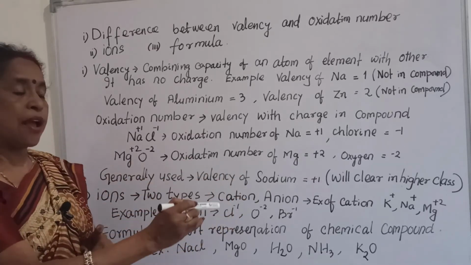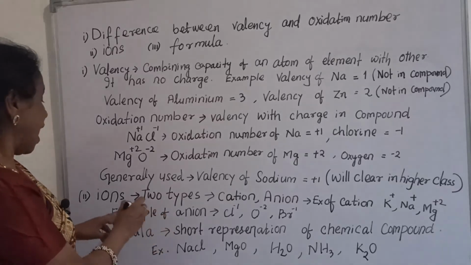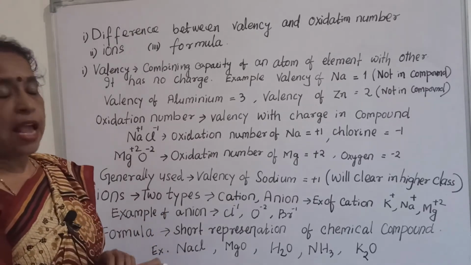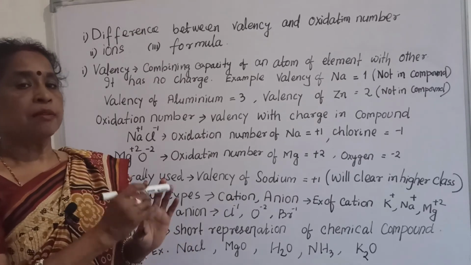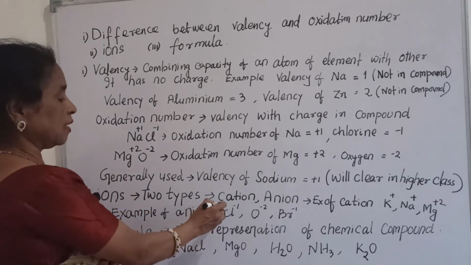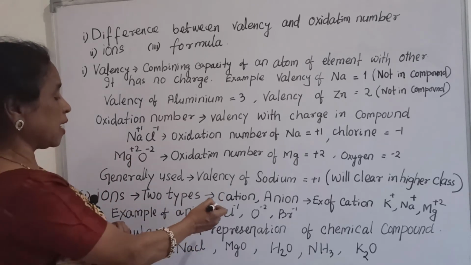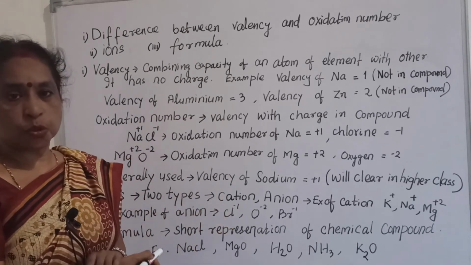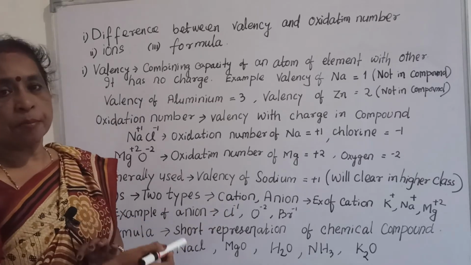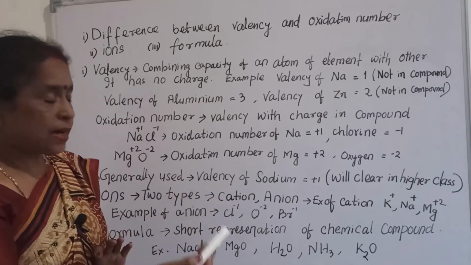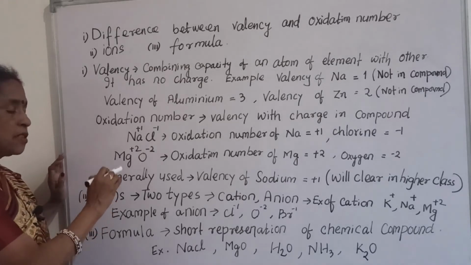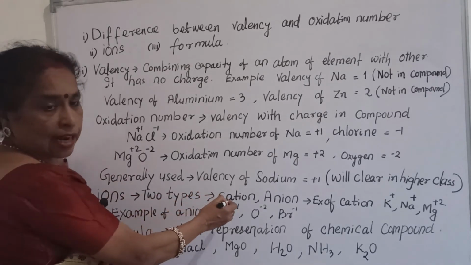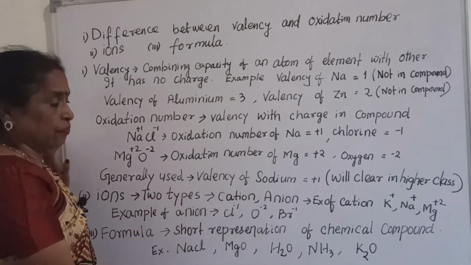Cation means having plus charge. An example of anion: having minus charge. Cl minus is chloride ion. O -2 is oxide ion. Br -1 is bromide ion. That means ions are of two types, one is cation, the other is anion.